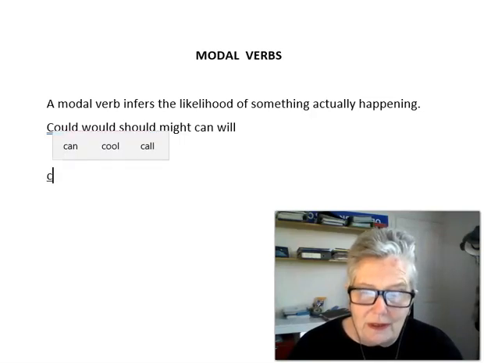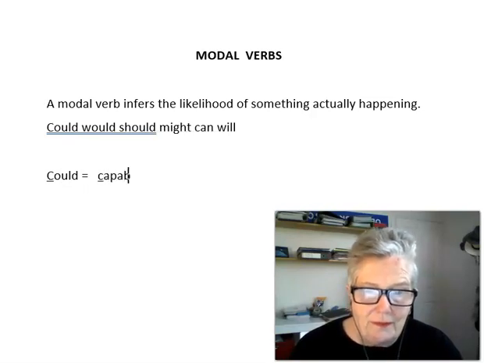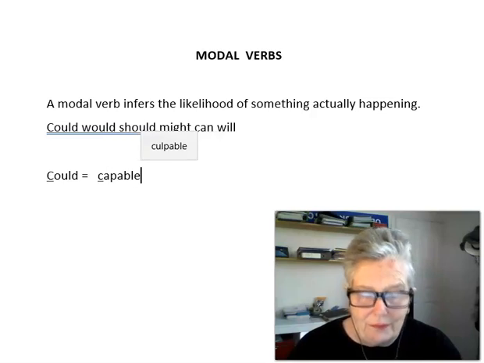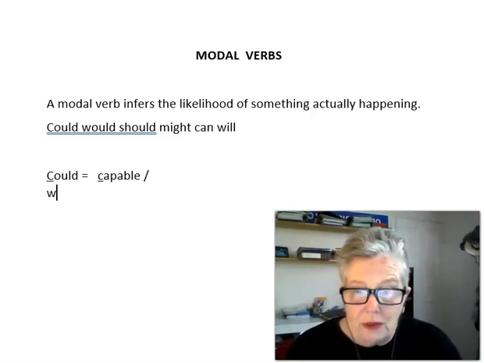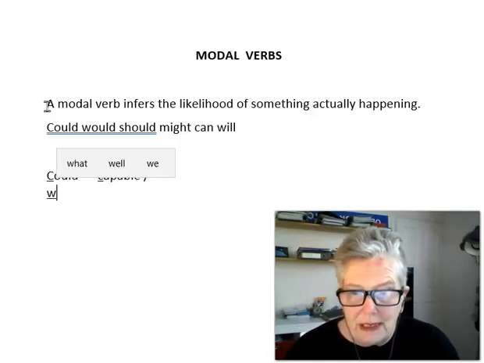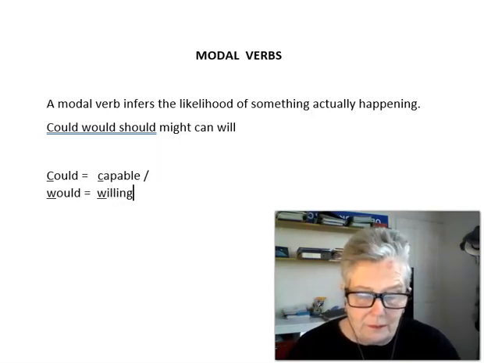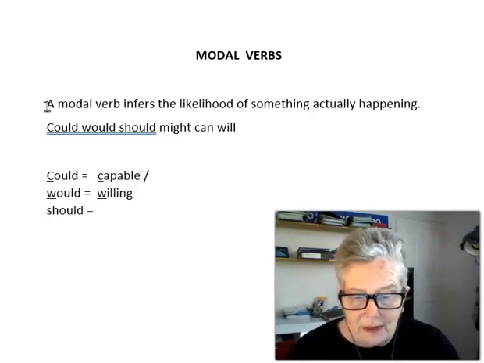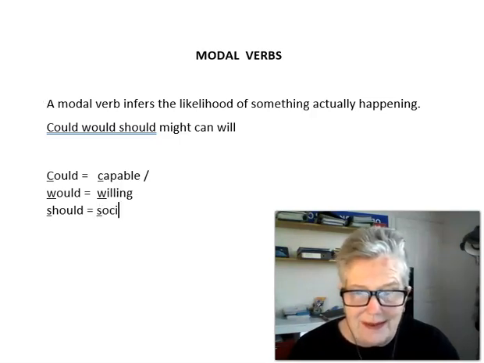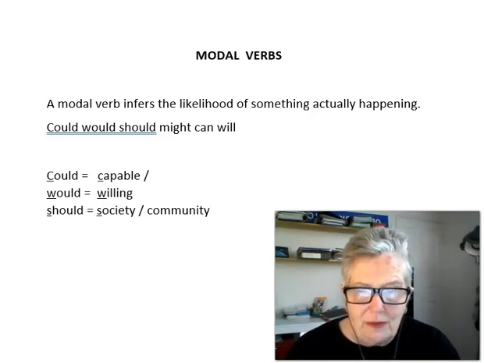So could starts with a C, and if you can remember the word capable, just capable, right? Would starts with a W, and that's a bit like, are you willing? Should starts with an S, and the only thing I can think of was society, community. Germans call it Gemeinschaft. Okay. Could, would, should, might.